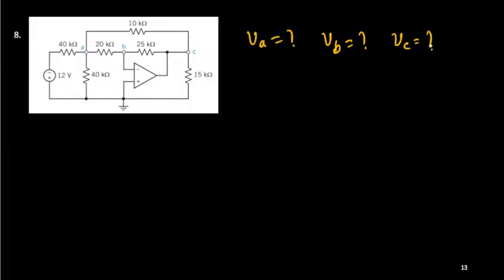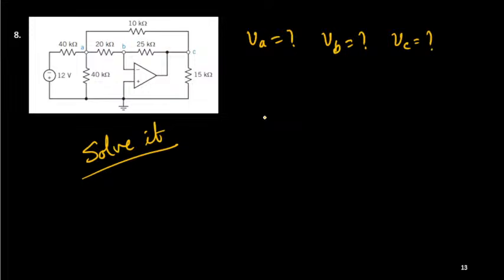Okay, I am not getting any response. So anyway, so this problem I am giving to you. Please solve it. And find the solution for VA, VB and VC. And if you get these things, please share your answer in the comment section.